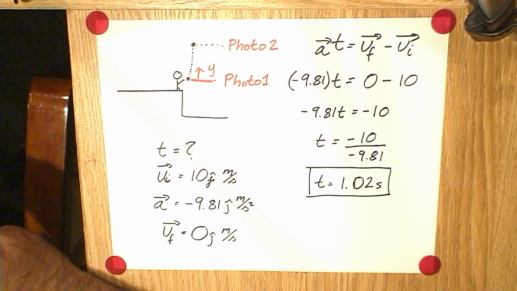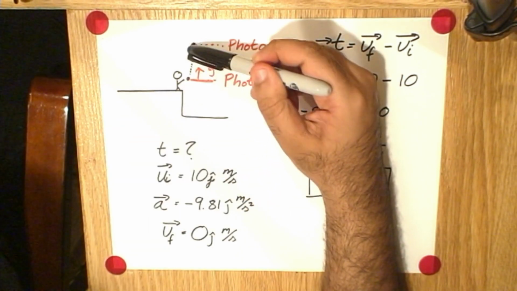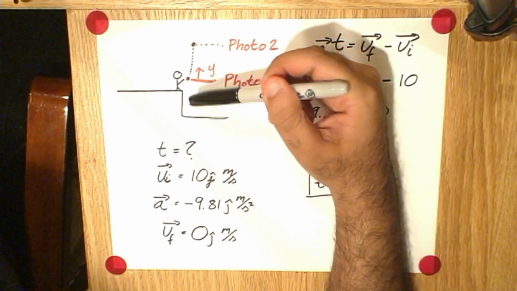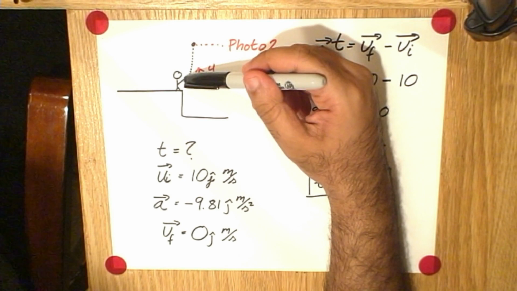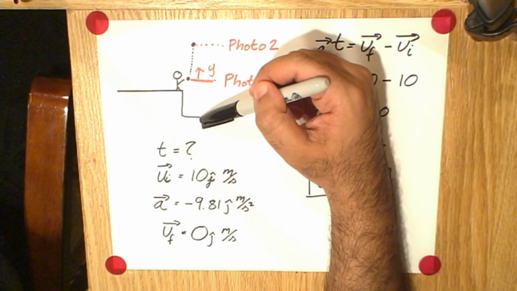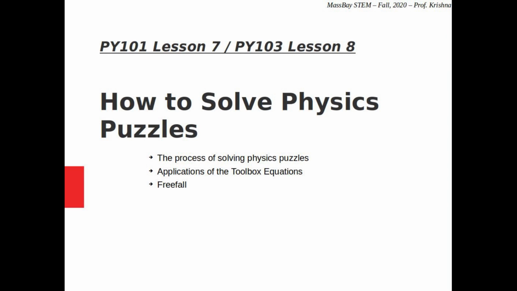Sometimes you will have questions where they ask for an object reaching its peak followed by an object doing a landing. In those cases, you have to set a photo 1 and photo 2 separately for the peak and then separately for the landing. This video showed the standard procedure for solving all physics problems. In the next video, we will see more challenging applications of the kinematics equations.